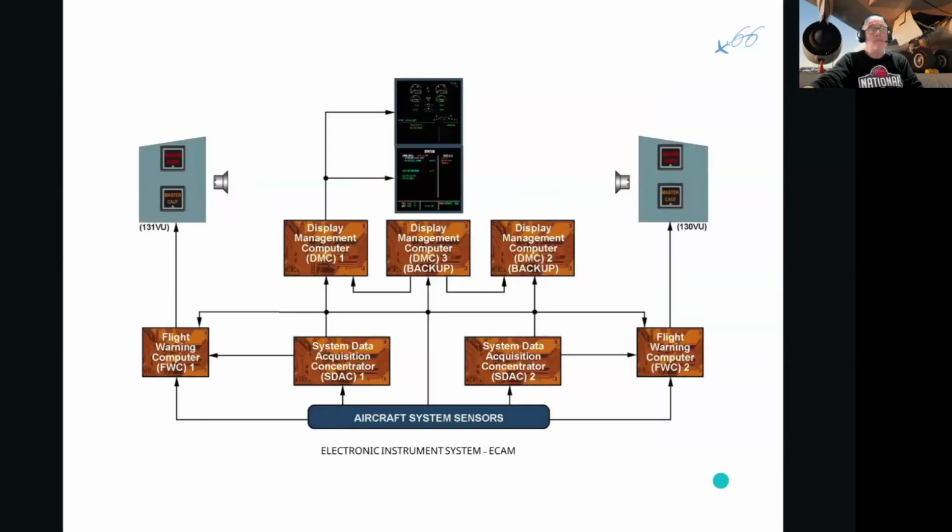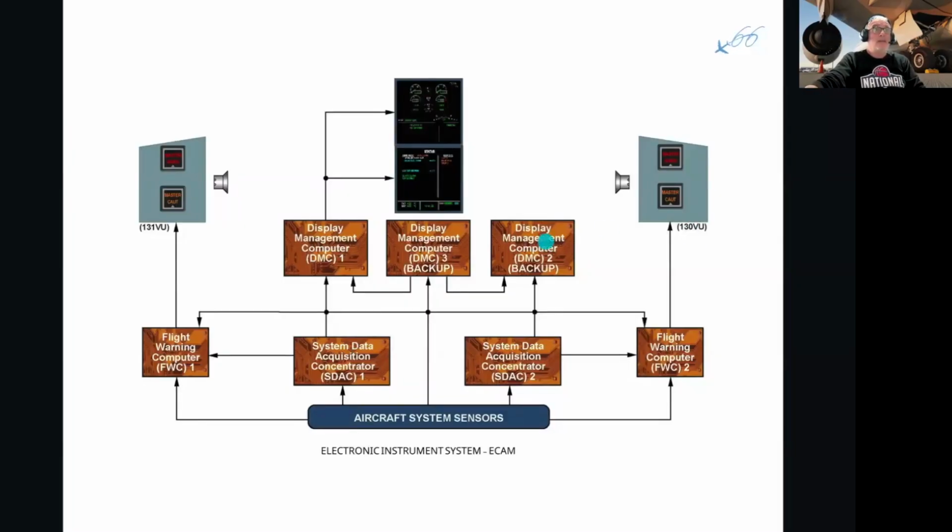For the ECAM, we'll start with that. So the ECAM, we have 2 SDACs, 3 DMCs. The DMCs are what you would call graphics generators. They basically have the ability to put all the pictures on the screens.